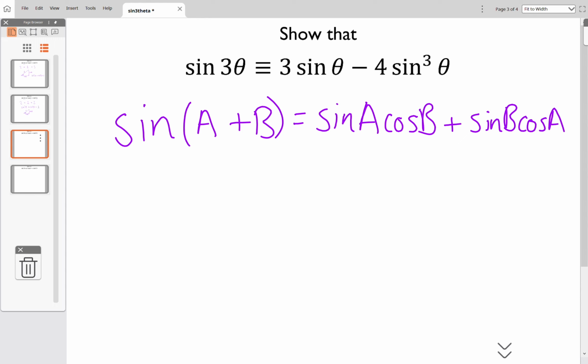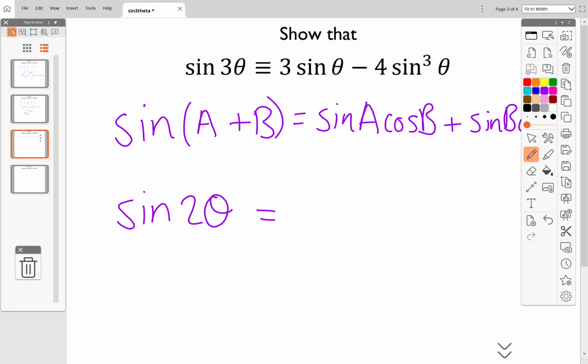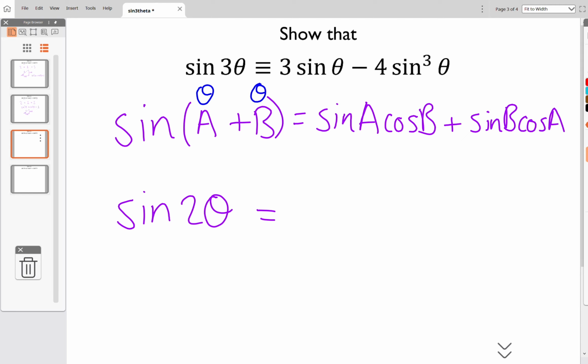We also are going to need what's called the double angle identities. So we'll start off with sine 2 theta. Now sine 2 theta, we can actually use what we've got above. So if I was to replace a and b with theta, then all the way through this formula we just have theta.